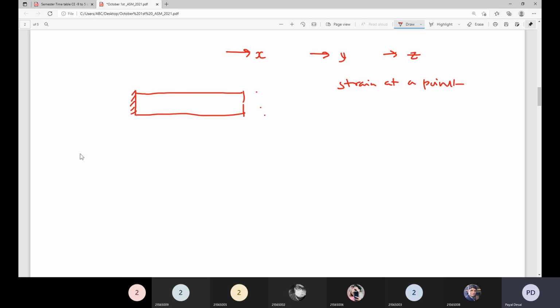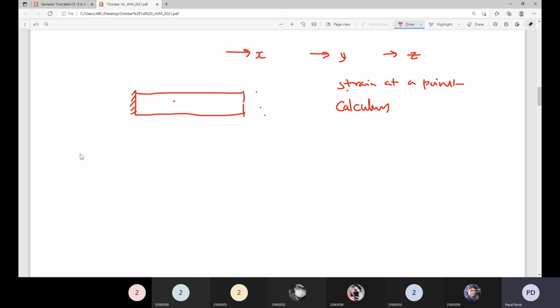Delta L by L is the strain of the total bar. I don't want that. So to derive strain at a point, we always take the help of calculus, because we need to derive a formula applicable at a point level.